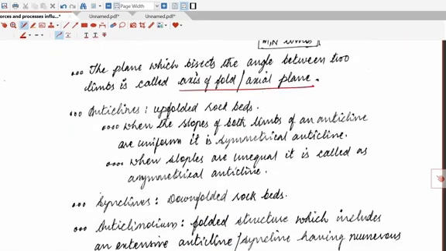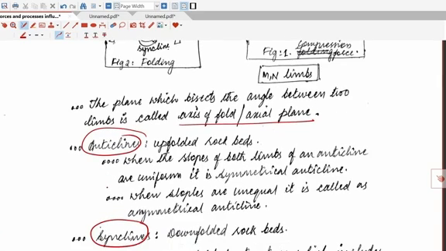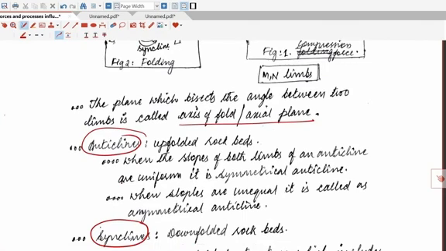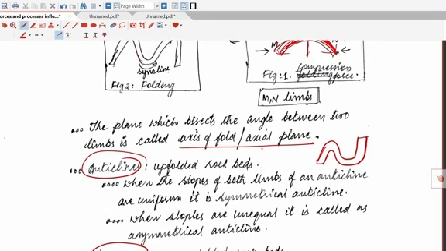And now we'll discuss what is an anticline and what is a syncline. I hope you are getting what we have discussed till now. It is easy, not so difficult to understand. Let us consider this as a fold mountain.